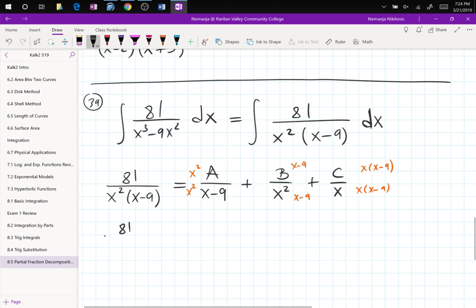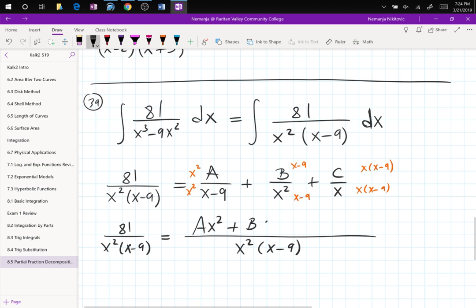So now 81 over x squared times x minus 9 is equal to, over x squared times x minus 9, I have Ax squared plus Bx minus 9B plus Cx squared minus 9Cx.